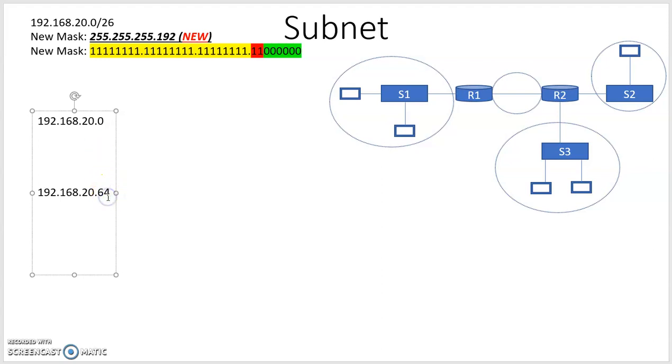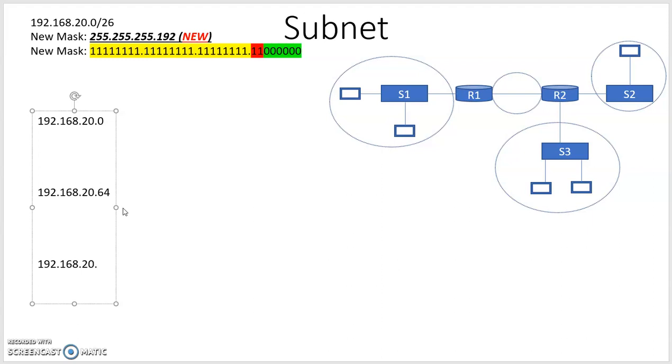In other words, you can simply add the number of possible IP addresses, looking at the bit portion of the host. So it's 6, so 2 to the power 6 is 64. So this is the first one, and the next one will start with, you add plus 64. So 192.168.20.64. That is the first one of the next subnet. So the first one for the third subnet is 192.168.20.